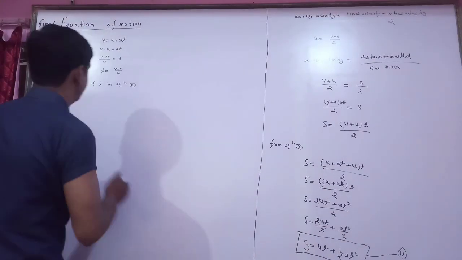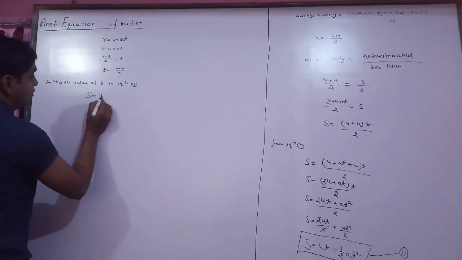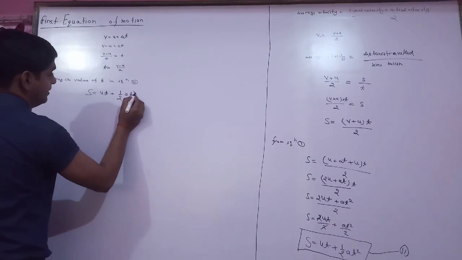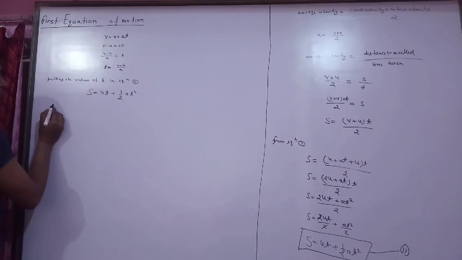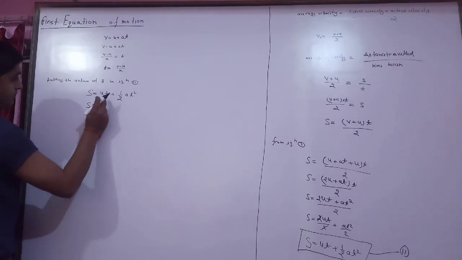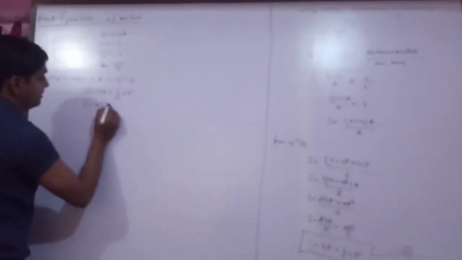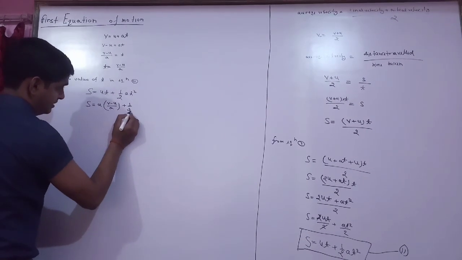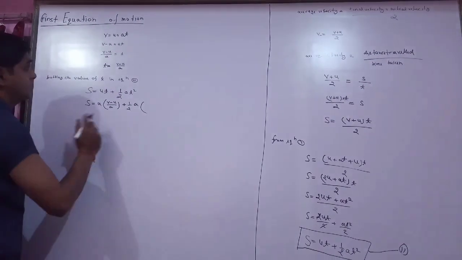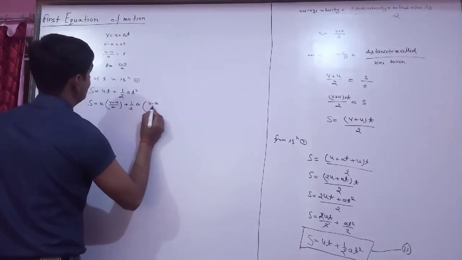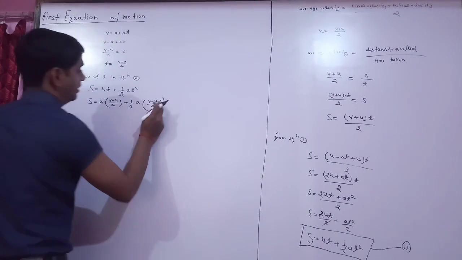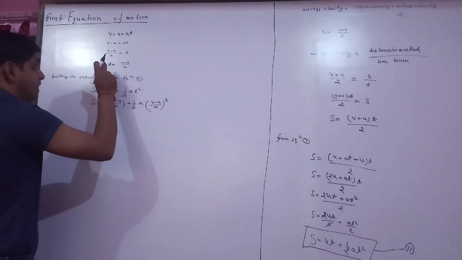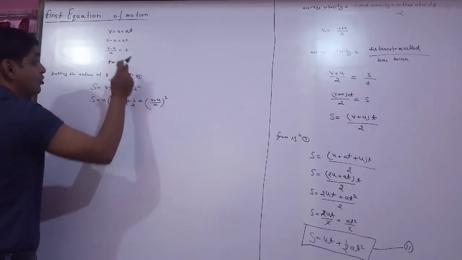So please see on the board. s = ut + half at square, and t = (v minus u) upon a. t square is the whole square of (v minus u) upon a. After solving, u(v minus u) upon a.